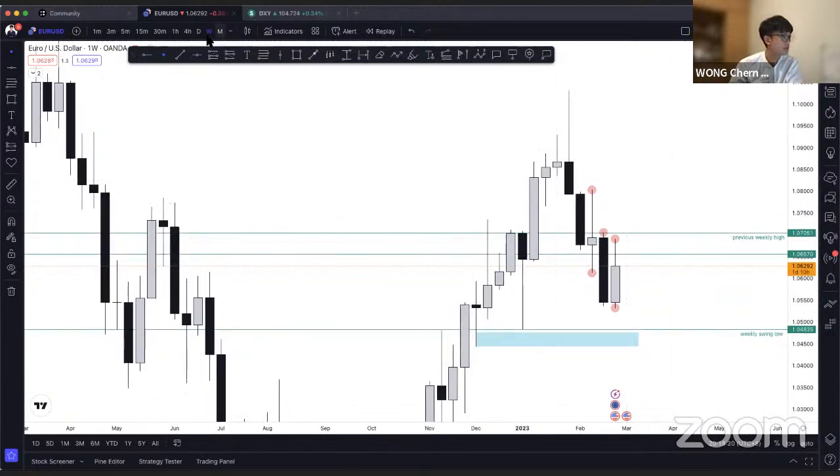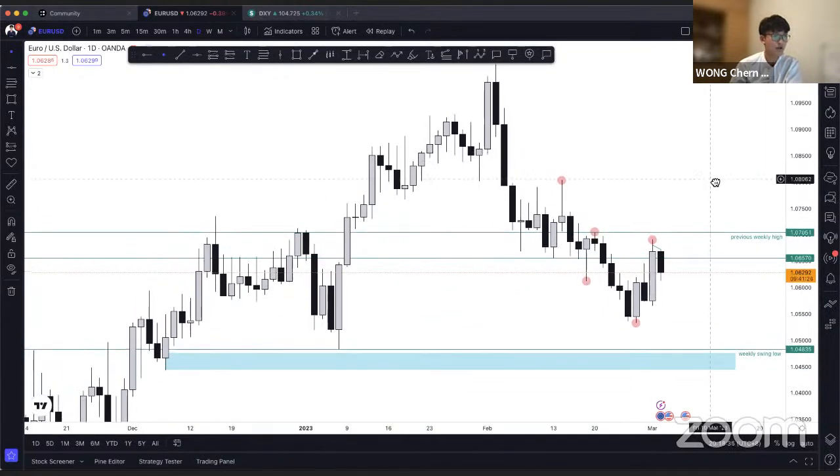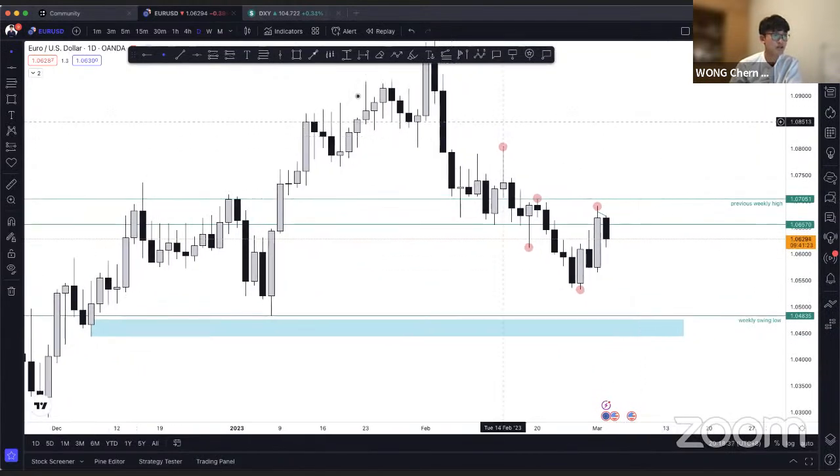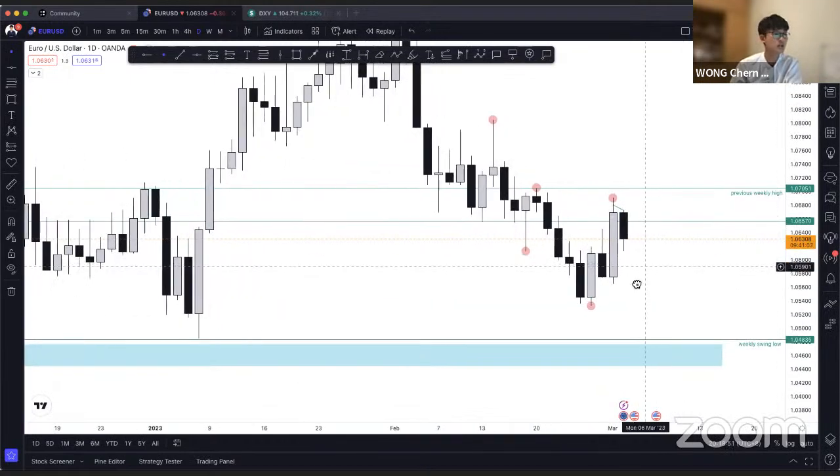If we go down to the daily time frame to take a quick look, we notice that price is still on a bearish trend, and my highlighted zones are my lower highs and lower lows. Those areas are the swing highs and lows, so do take note of that.